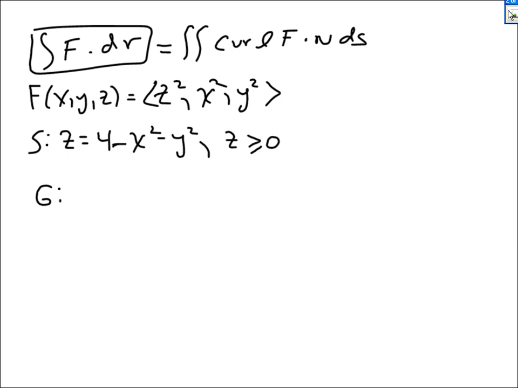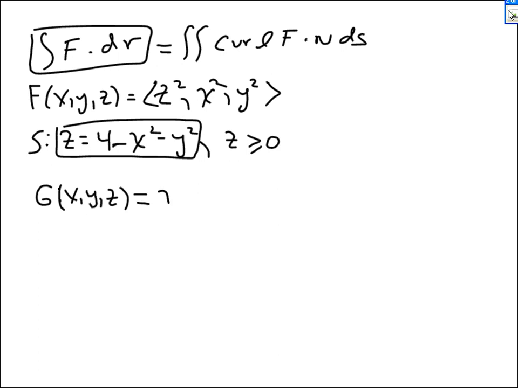First thing you do is you get that equal to 0. Call that g, g of x, y, z. And it's going to be x squared plus y squared, and bring everything to the left, plus z minus 4 equals 0.